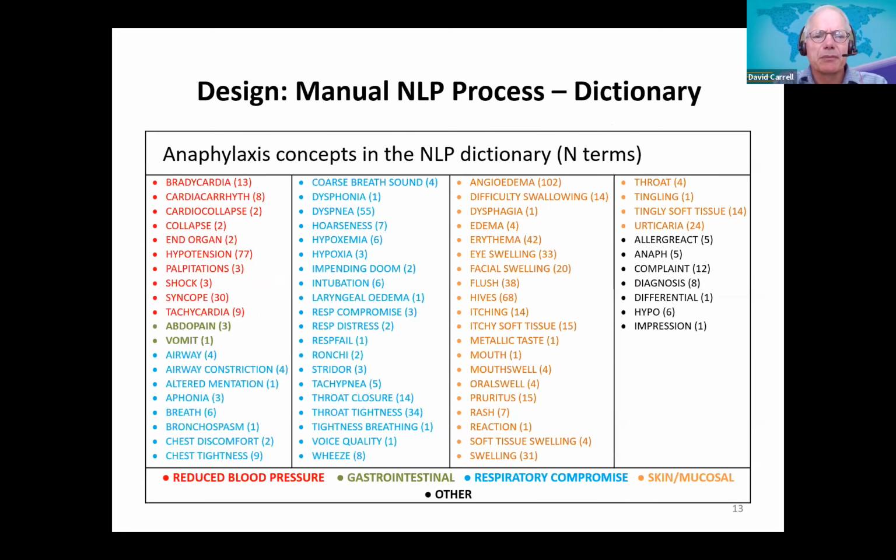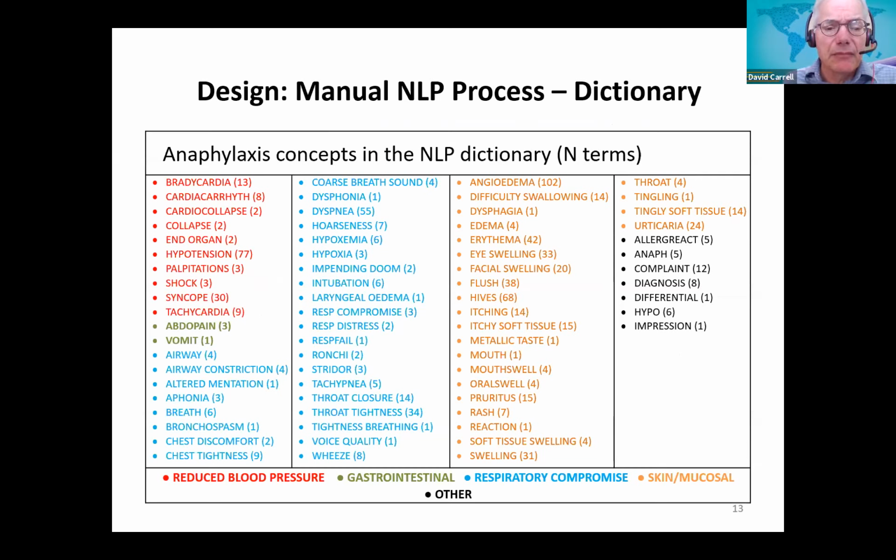Here's another summary of the dictionary. And here, with the colors that are presented in the table, you can see we focus on key symptom groups. Reduced blood pressure is important, some gastrointestinal symptoms, respiratory compromise, and as I just mentioned, the skin or mucosal concepts.